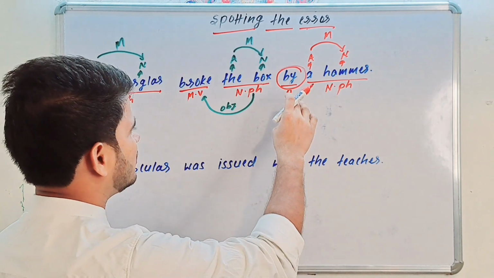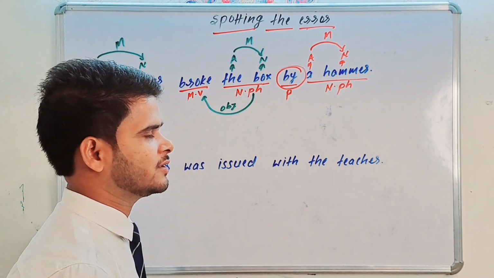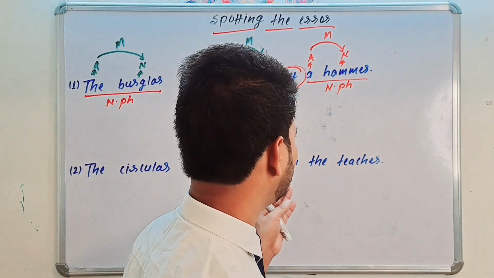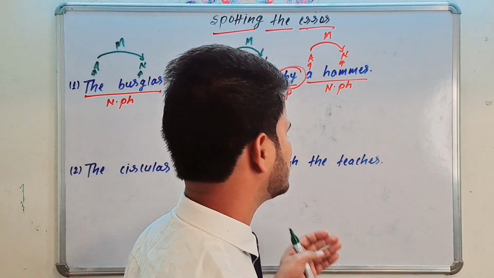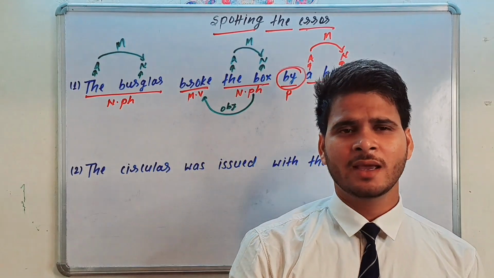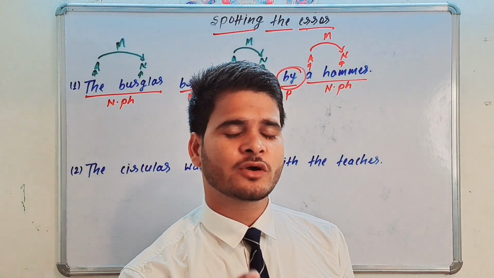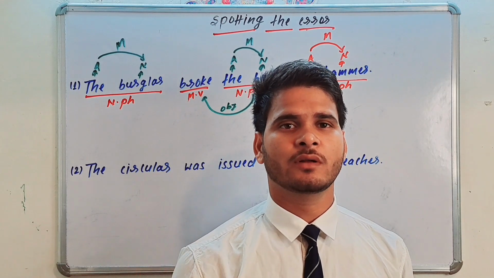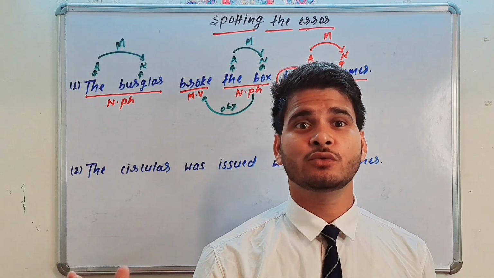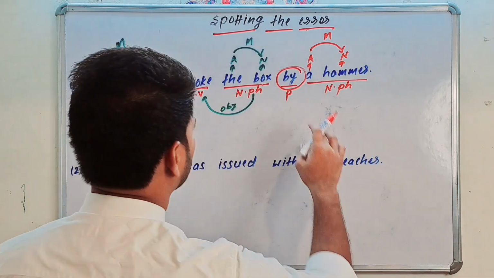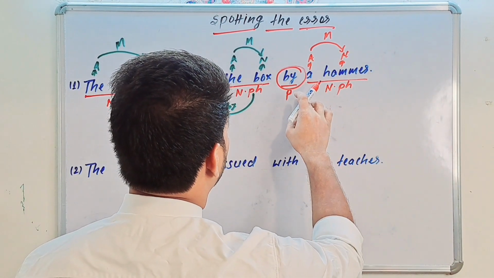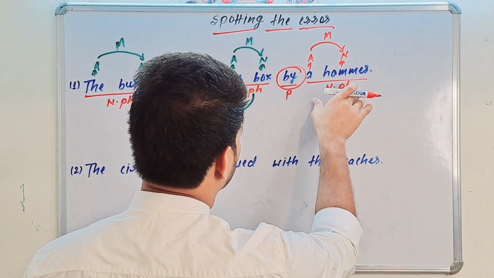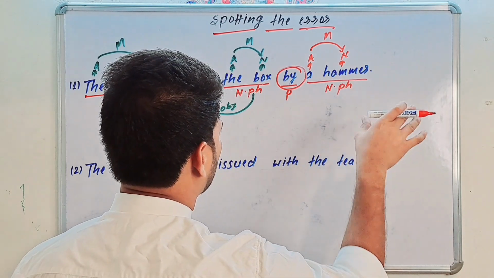Here learn one golden rule of English grammar, the use of by, and in the second sentence you will learn the use of with. Here the preposition by is used for the doer. The preposition by is only used for the doer, not for any object.